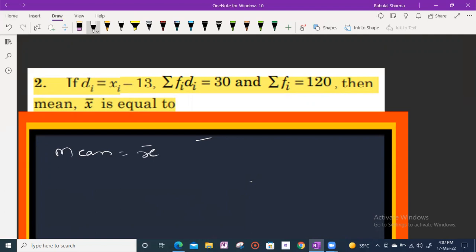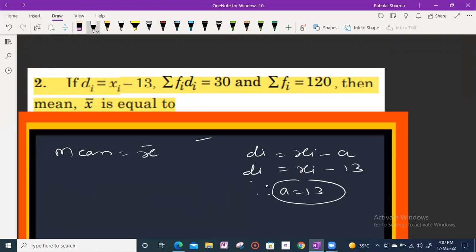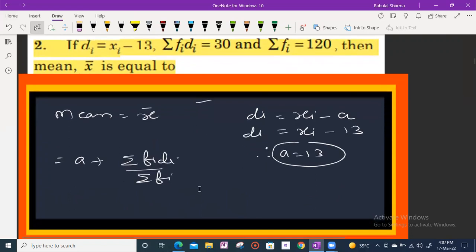We know that Di is equal to Xi minus A. In this question, Di is given as Xi minus 13. Therefore, the value of A is 13, the assumed mean. And we have the formula for the mean: assumed mean plus total Fi Di upon total Fi.